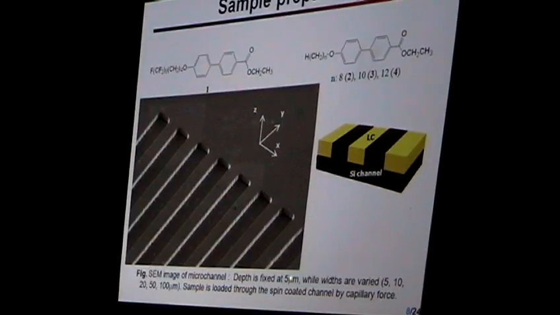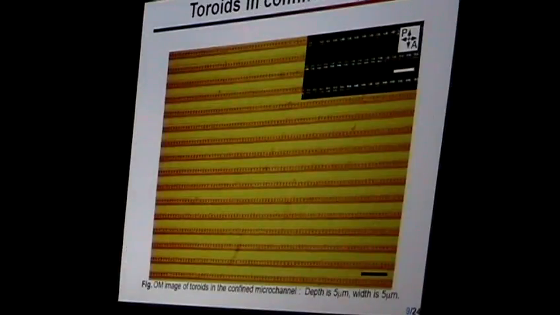I use various kinds of silicon channels, from 3 micrometer width to 200 micrometer microchannels. And at a very specific width and depth, where the depth is 5 micrometer and the width is also 5 micrometer, we can get very periodic structures over a very long range.